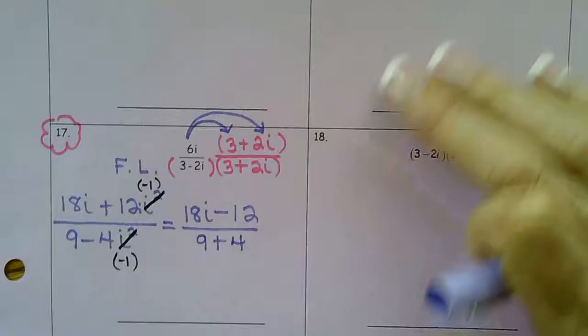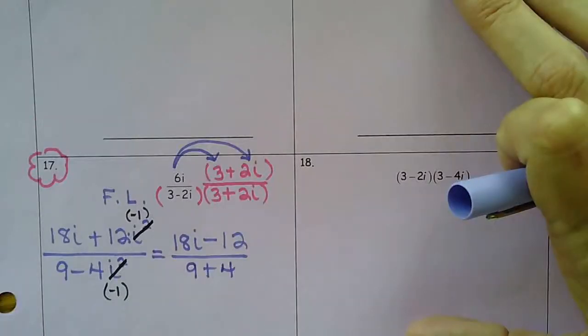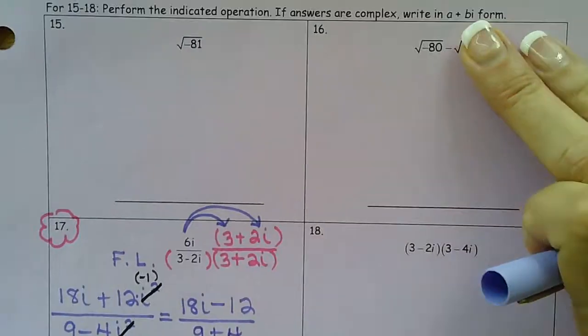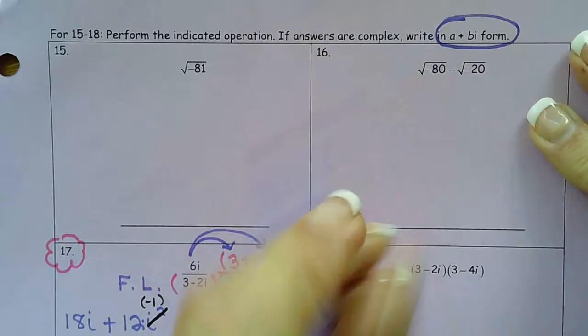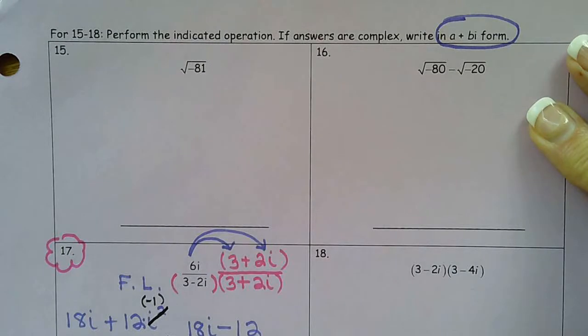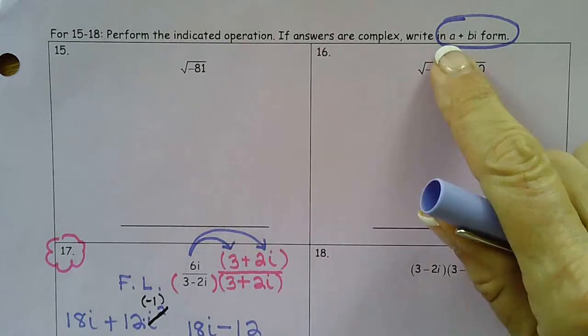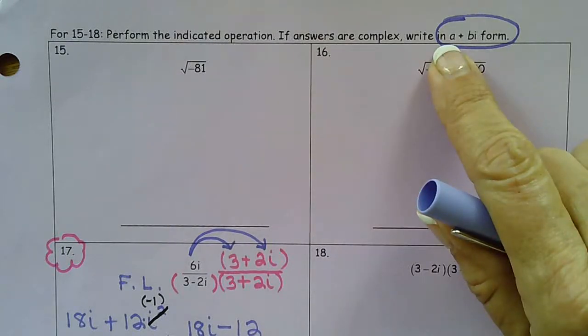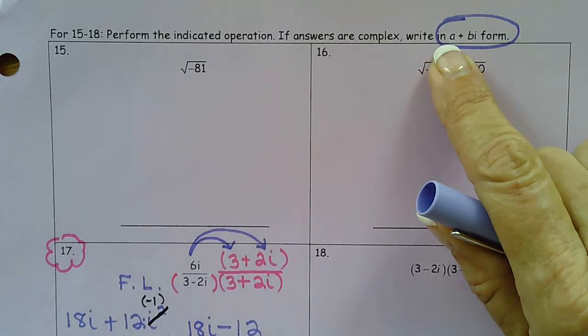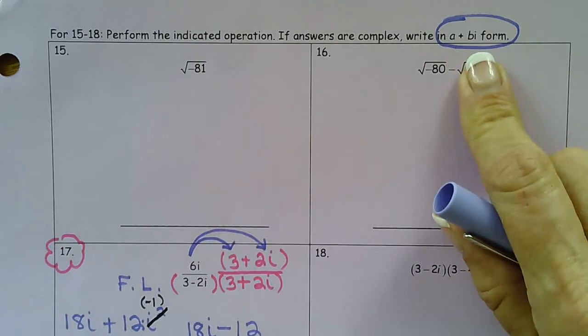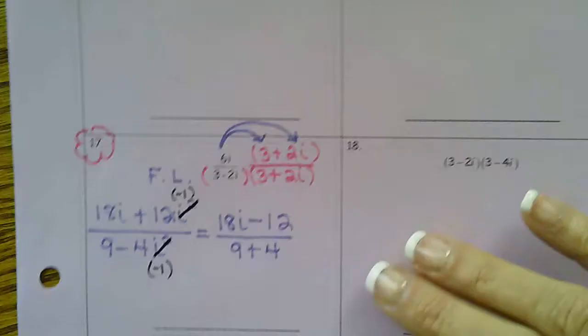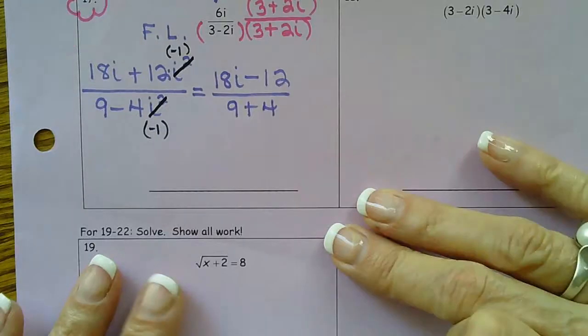So I think this is about where we were at on the last video. As I pointed out on the last video, the directions ask for this in a plus bi form. That means two things. The real part has to be listed first. And the second thing it means is that our fractions need to be split up into two parts. So those are the two things we have left to do in this problem. Does everybody recognize that this is in the incorrect order?